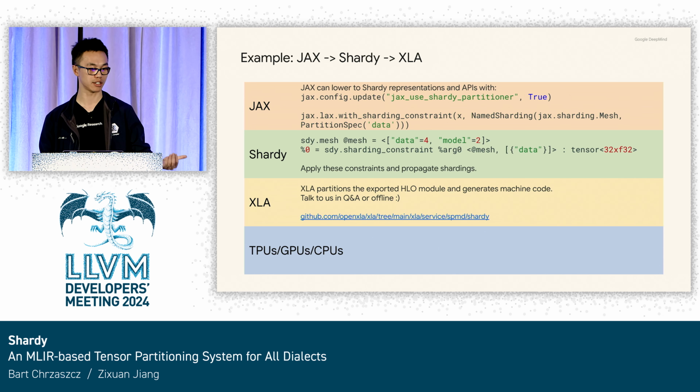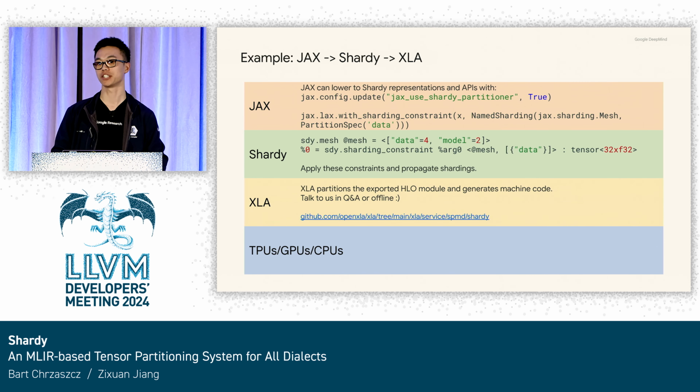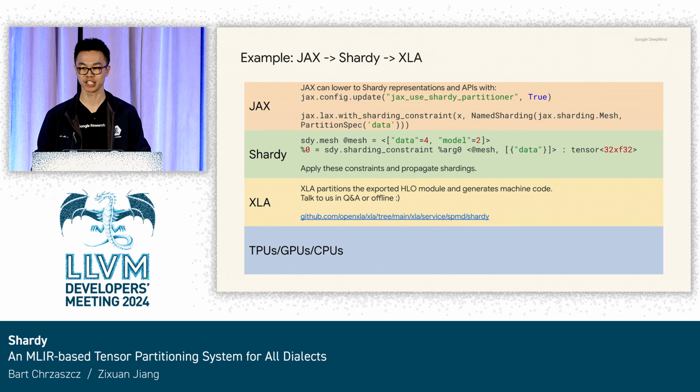For example, we lower the NamedSharding to the Shardy sharding, we lower the JAX Mesh to the Shardy mesh, and we lower the JAX sharding constraint to the Shardy sharding constraint directly. We can then apply the propagation pipeline directly on the module with partial shardings. Further, we'll apply the partitioner provided by XLA and other XLA passes to obtain the machine code on different hardware backends.